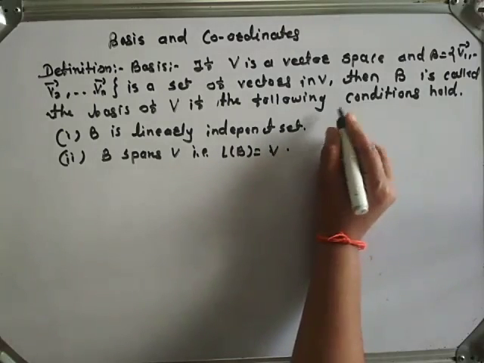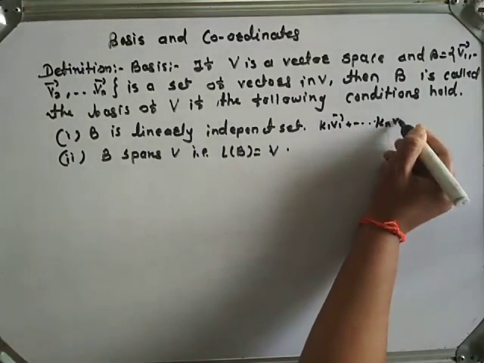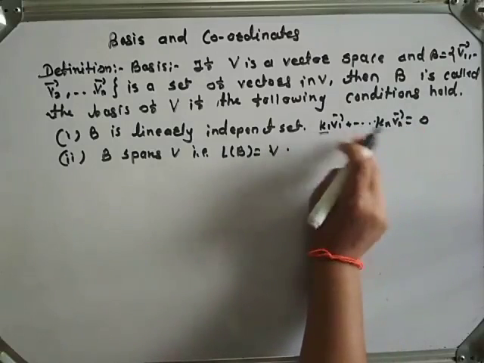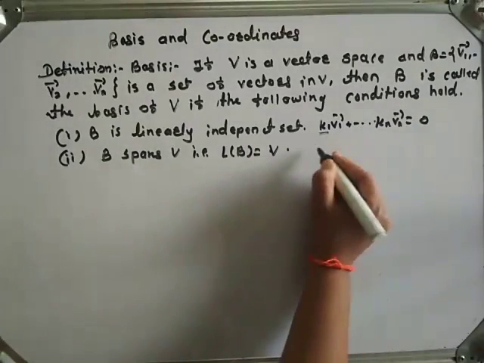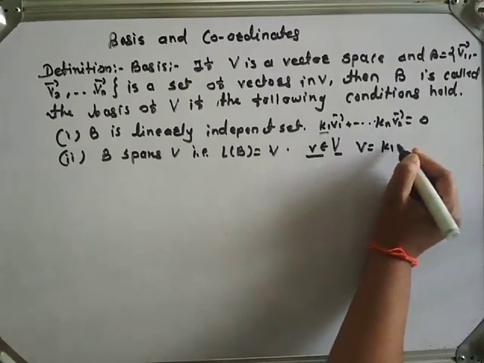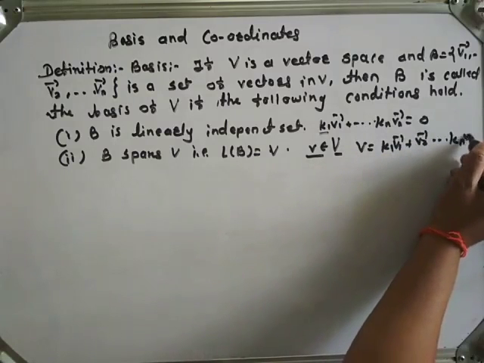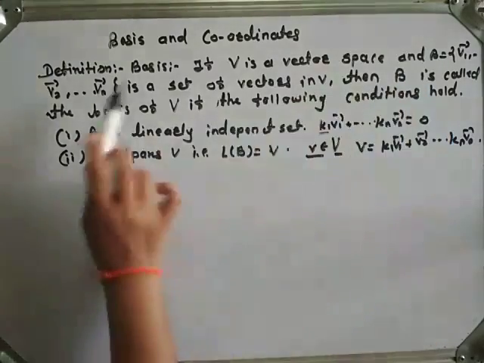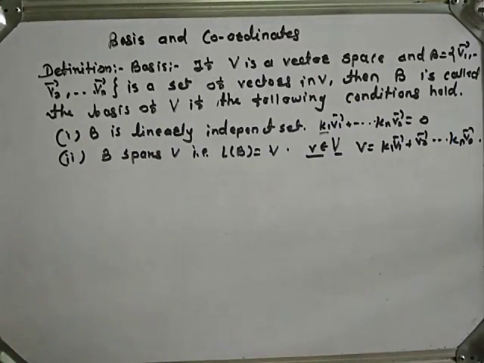This means if you consider the vector equation k1 v1 bar plus and so on kn vn bar equals 0, then you get k1, k2 and so on up to kn are all 0. B spans V means every vector in V can be written as a linear combination of v1 bar, v2 bar and so on up to vn bar. This set B is a basis for V if B is linearly independent and B spans V.